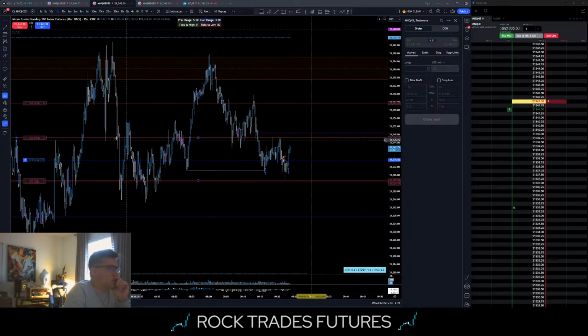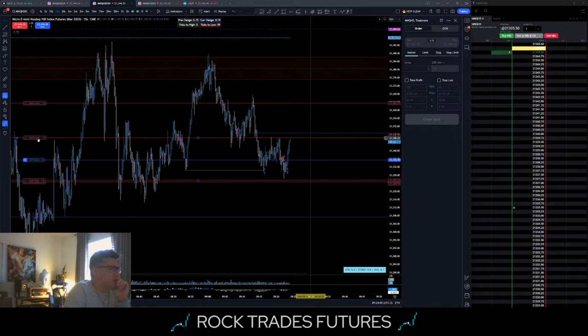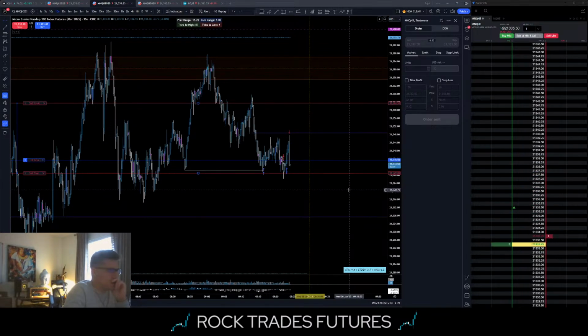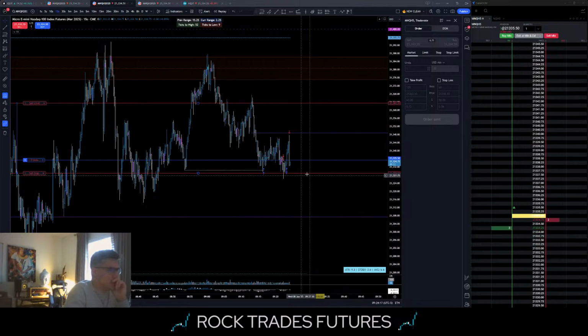Is that a 1-to-1? Order filled. Okay, so that's just about, it'll cover the risk on this last contract. In theory, I should, no matter what, not lose on this trade now because this is even tighter than my first target, which I just got.